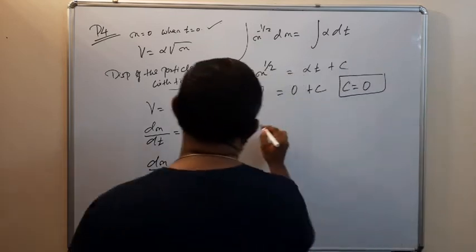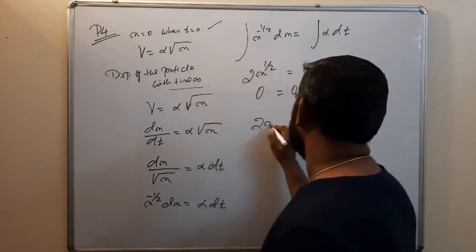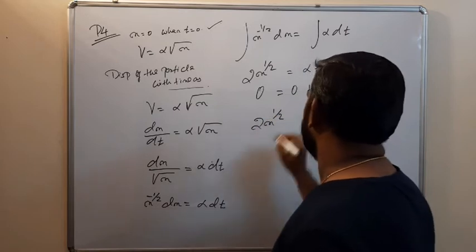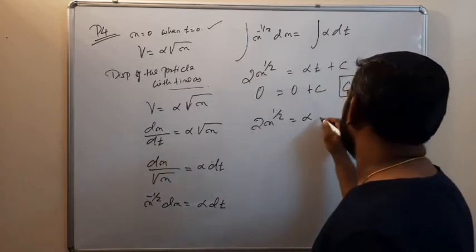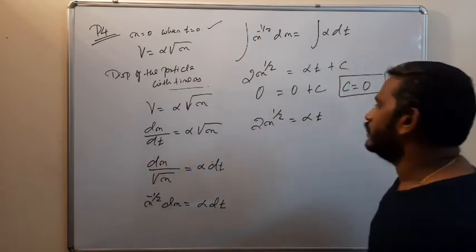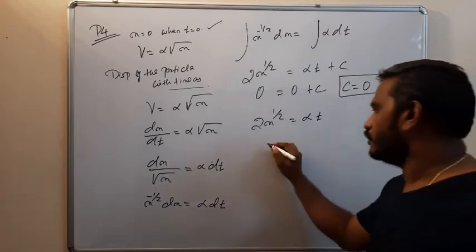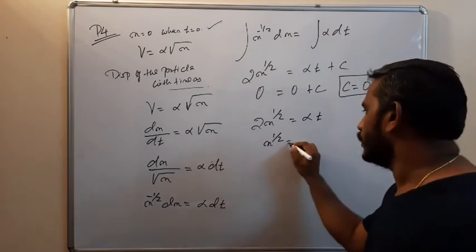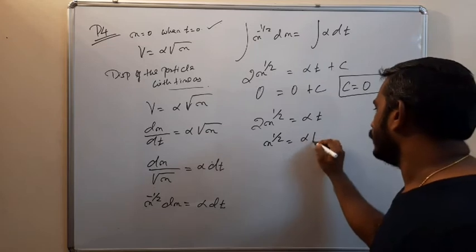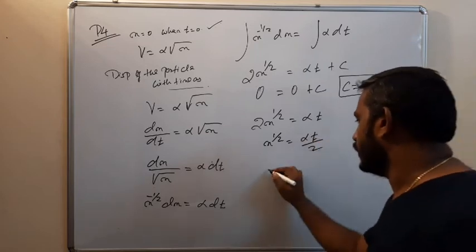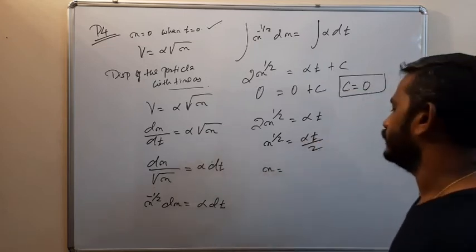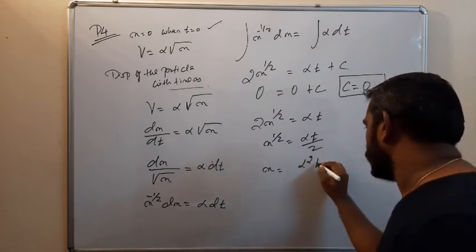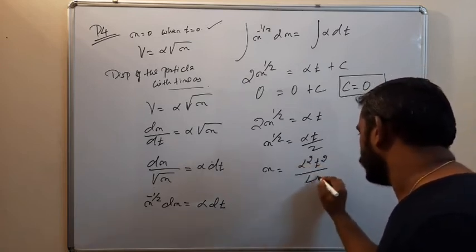So we get 2x power 1 by 2 equal to alpha t. So x power 1 by 2 is equal to alpha t by 2, and x is equal to alpha square t square by 4.